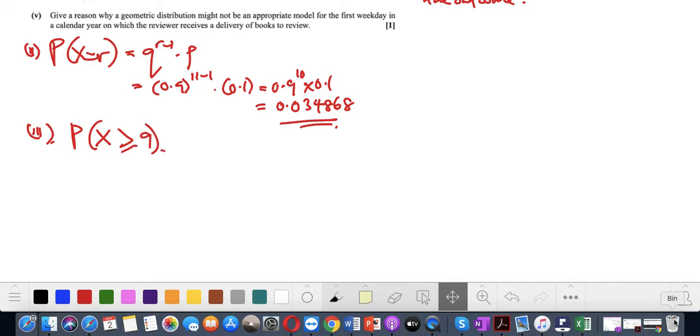Greater than or equal to 9 means you are not reviewing on the first day, second day, all the way to the 8th day, but your very first review is on the 9th day onwards.